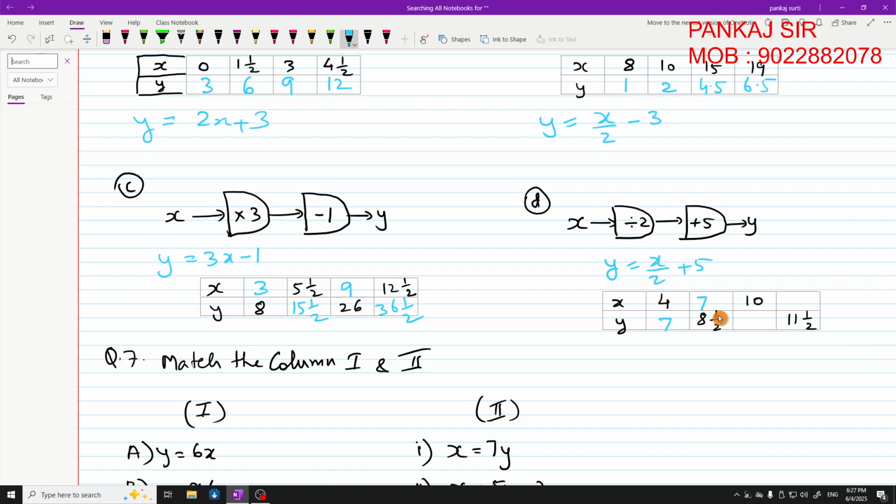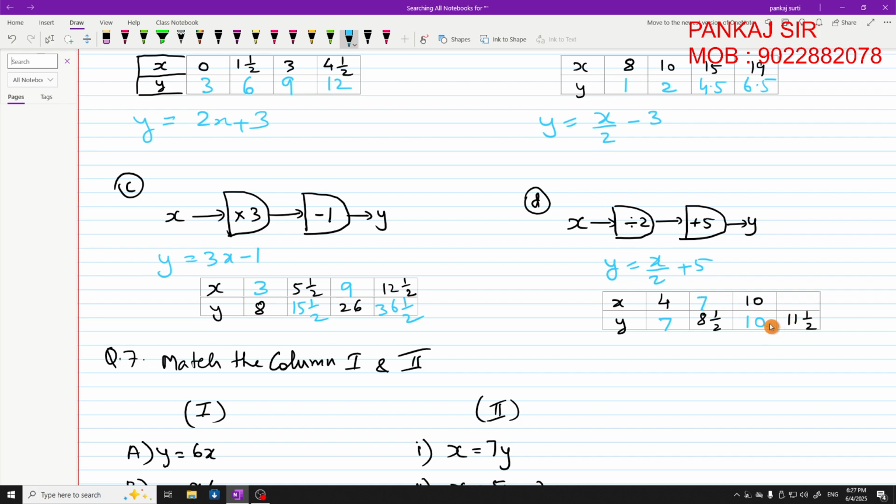Okay. Now when x is equal to 10, 10 upon 2 is 5. 5 plus 5 will be 10. When y is 11.5, 11.5 minus 5, right?